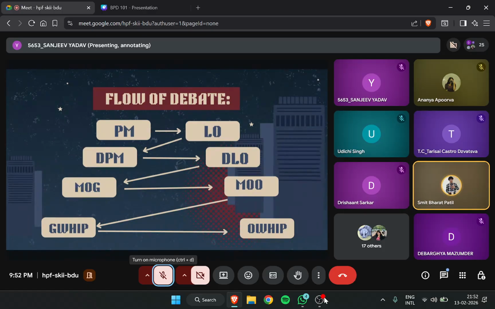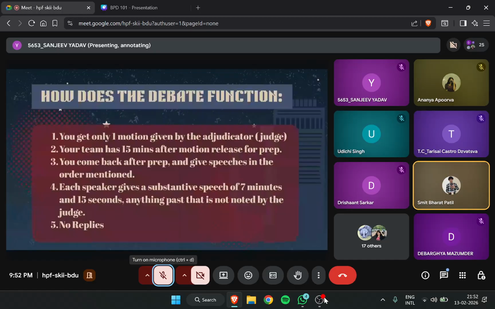Next slide, Sanjeev. Right. So this is how BPD works. In APD, you used to get three motions and then you used to rank them. Then, according to your preferences, the judges would tell you which motion you are debating. But in British parliamentary debates, you get a single motion that is given by the adjudicator or the judge.